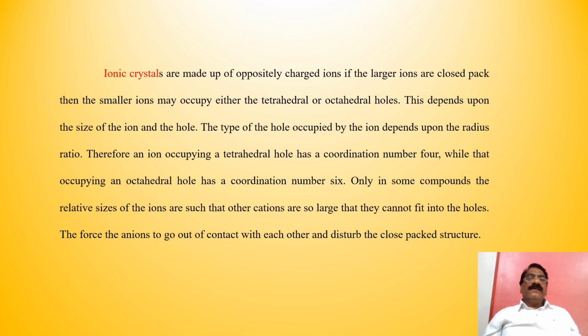Ionic crystals are made up of oppositely charged ions. If the larger ions are close packed, then the smaller ions may occupy either the tetrahedral or octahedral holes formed in the packing of those spheres.